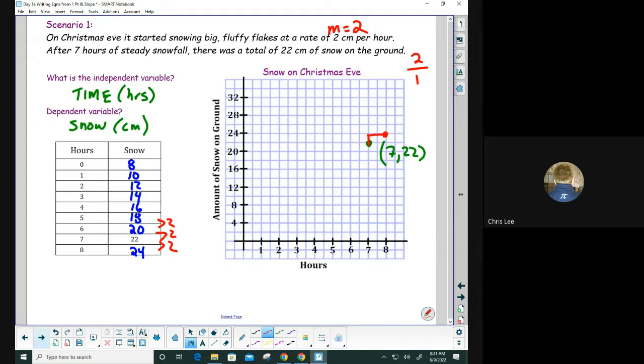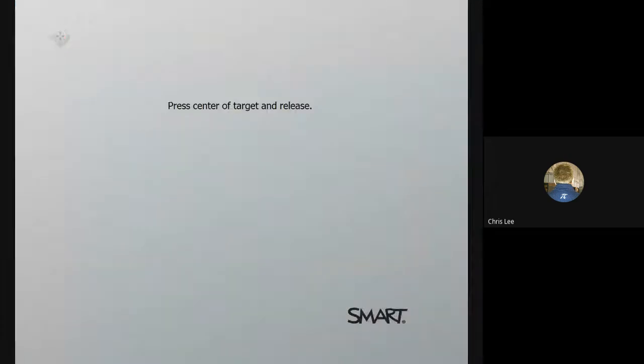But by using the table, we can get a whole bunch of other points on this graph to make it a more accurate model. So let's go backwards. 6 hours, there's 20. 5 hours, there's 18. 4, there's 16. Keep plotting those points going backwards.